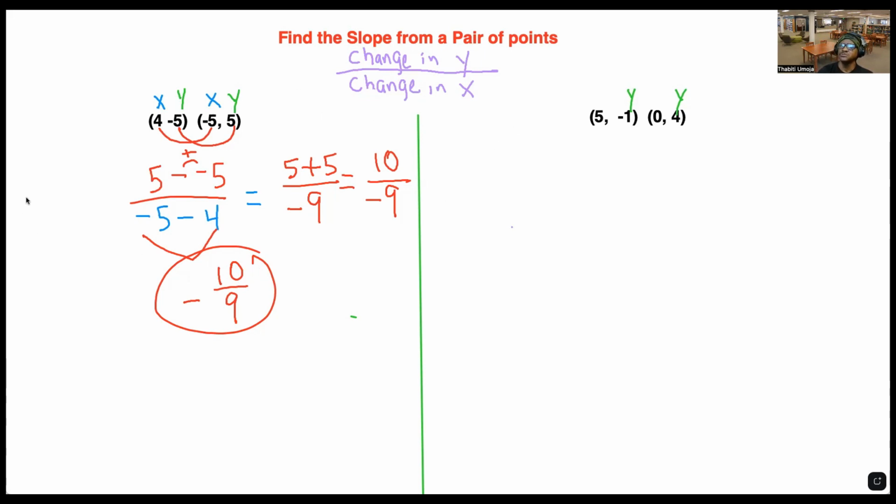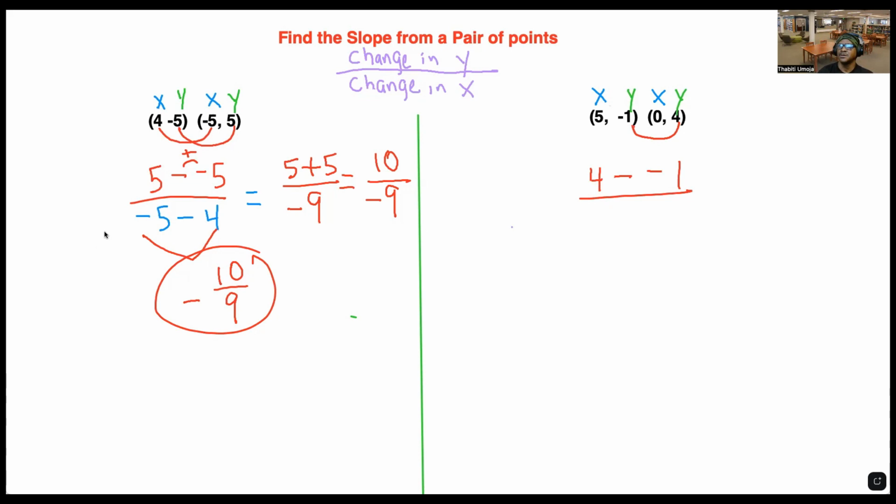Okay, so let's go over here to our other side. It looks like I got my x values, my y values. Let me get my x values in here. Okay, so we do the same thing we did before. Let's look at the y's. So this is 4 minus negative 1, right?